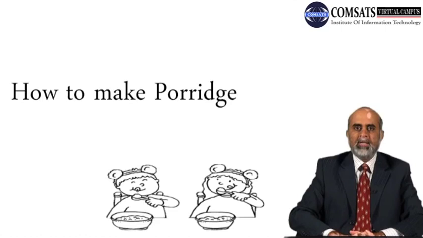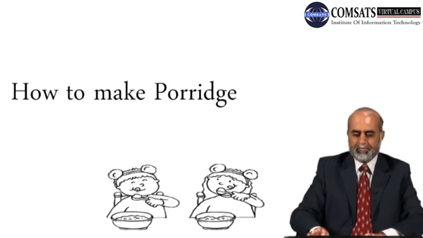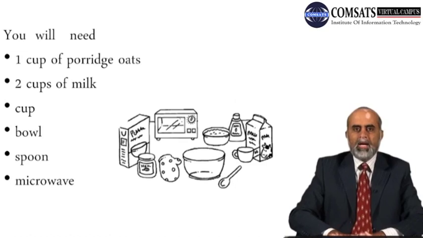For that we need discipline, for that we need a particular bent of mind, we need to plan a lot of things, we need to keep a lot of things in mind before our instructions are clearly stated. Okay, so let's look at the instructions for making porridge. Instructions normally have two sections in it.